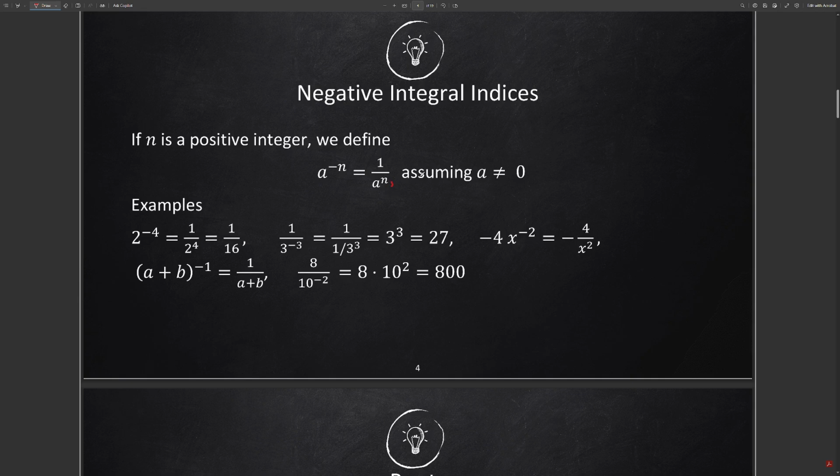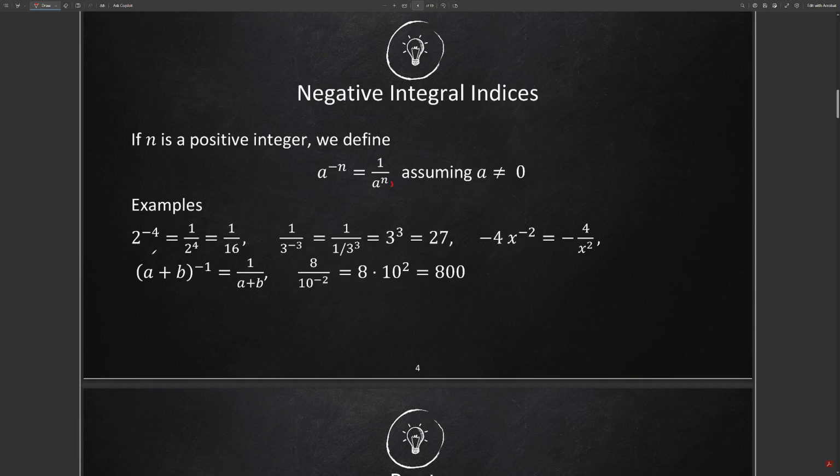Because 1 upon 0 is undefined, and that's a whole other story for another course called 1125, which some of you may have to do. But in this course, we just want a certain non-zero value here, without any problem, so that we always get an answer.